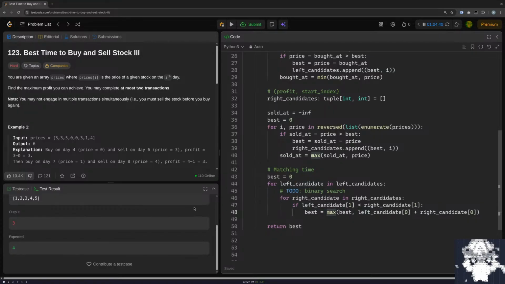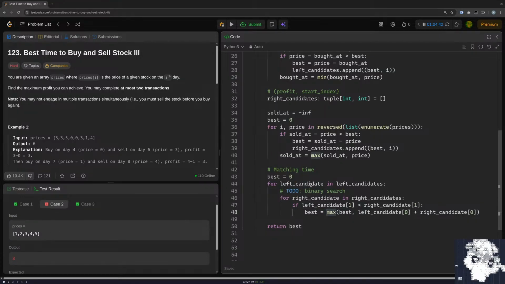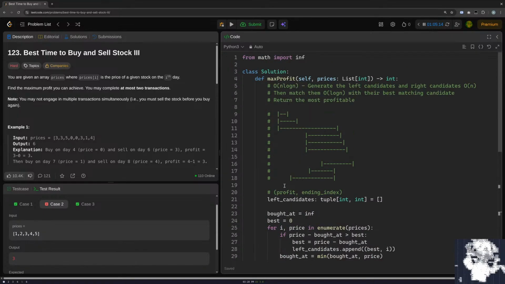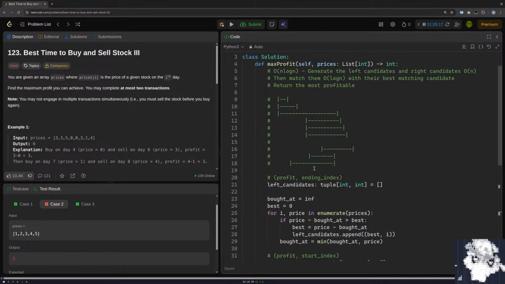Okay, I guess I'm forcing there to be two transactions. If there's only one transaction, then I'm not finding the answer.